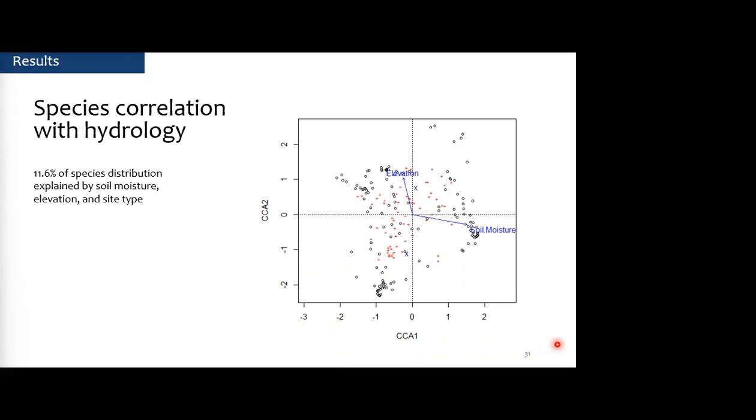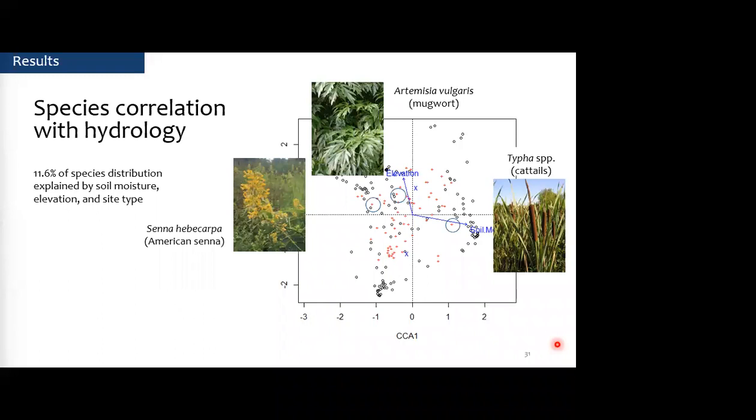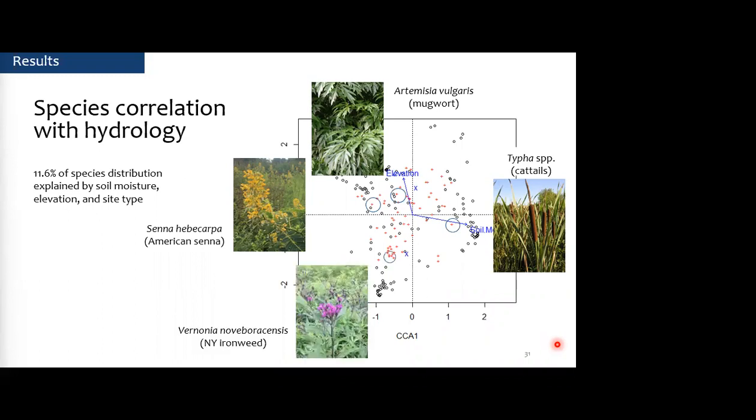Looking at this distribution, though, we do see that there are very few species in this wet area, and our old friend cattails is the most abundant species in this area. And then in this higher elevation, drier area, there's 2 most abundant species, which are mugwort and American senna. And then down in this lower elevation, drier area, the community was dominated by New York ironweed.